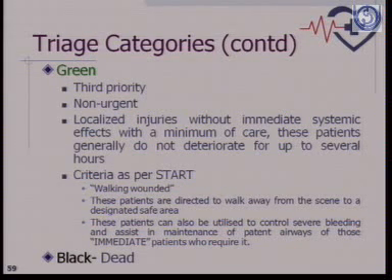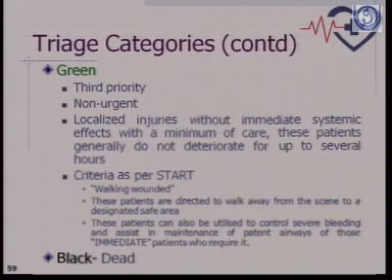They can come themselves and give you adequate time to attend to their problems. Black is rarely used, but it is for the dead, or what we also call the expectant category. Expectant category is where death is imminent, meaning you cannot salvage that patient. So that can be categorized under black, and priority can be allotted accordingly.